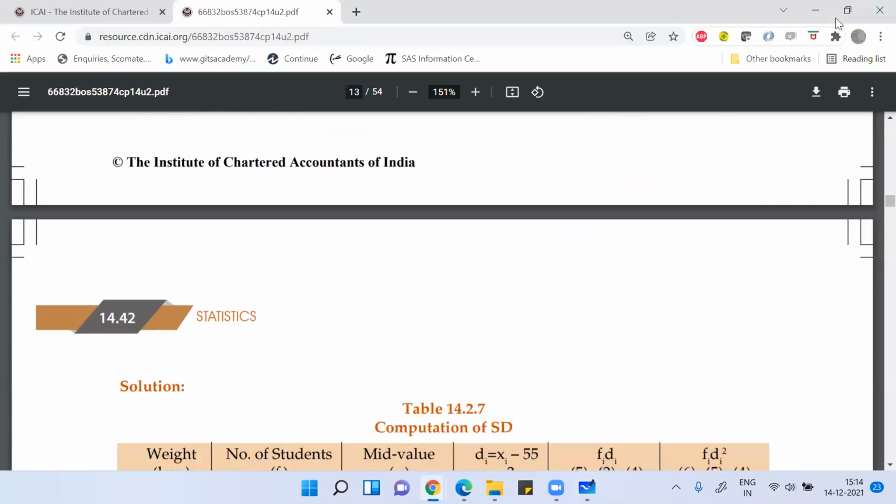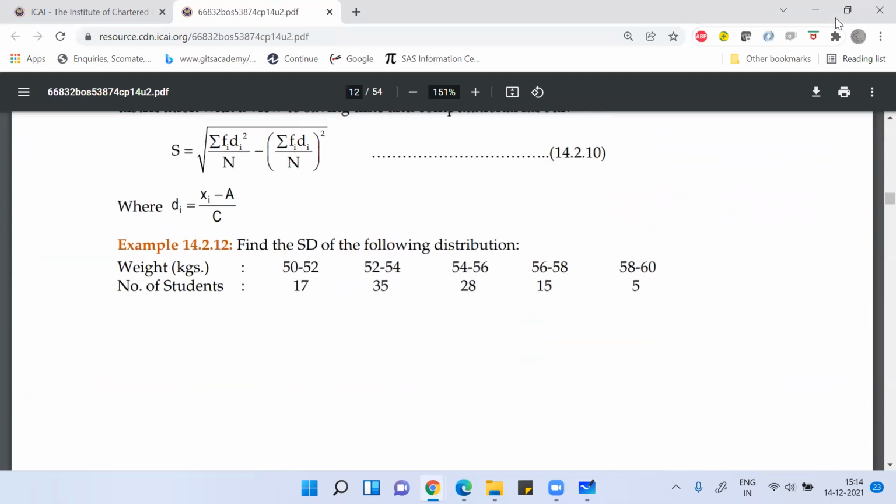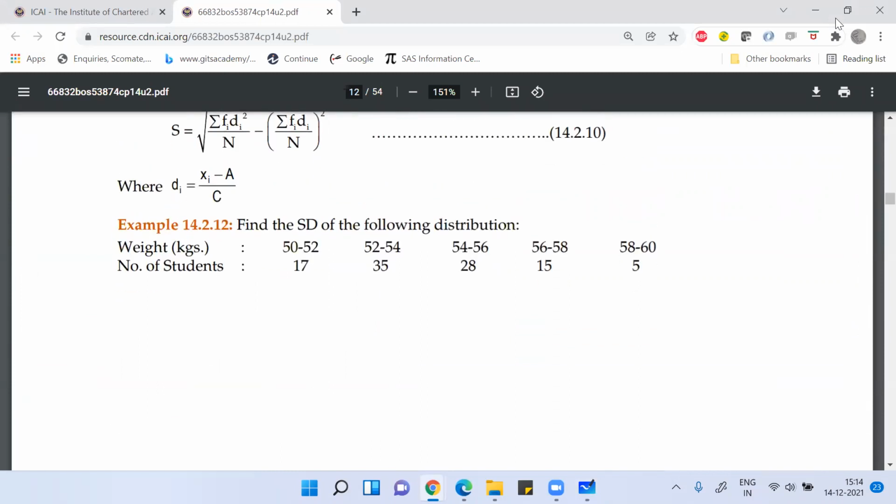So see this question. Please write down this data in your notebook. Then when you see the steps, you'll understand.